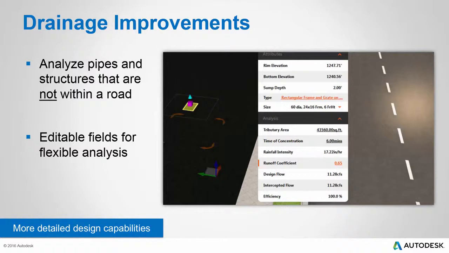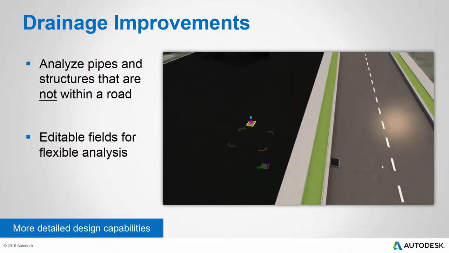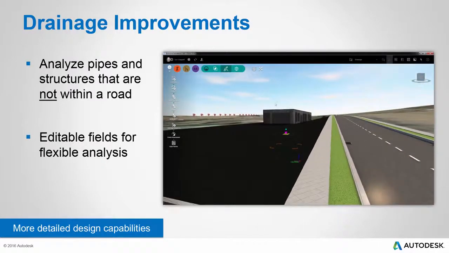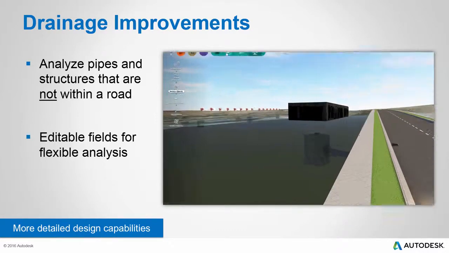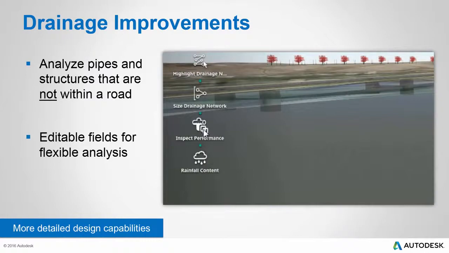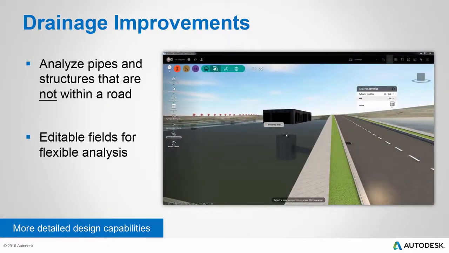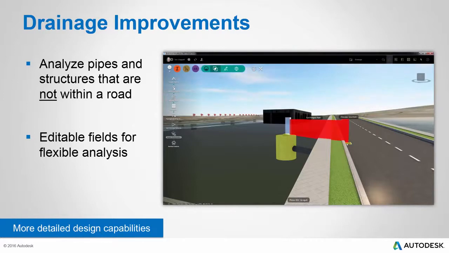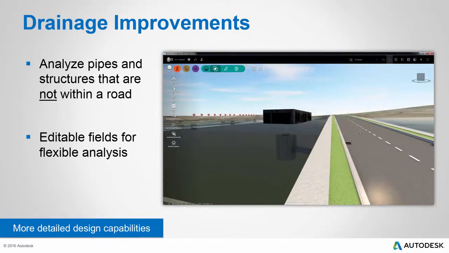Once we've provided our own custom information, we can then use the other tools in the software to analyze this pipe. We'll start with Inspect Performance, and we'll take a look at our pipe that we've put in by default and see if it actually will handle the flow that we've calculated. And we can see as a result of this analysis that the pipe is surcharged. It's not going to work, in other words.